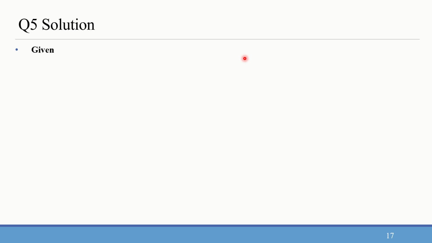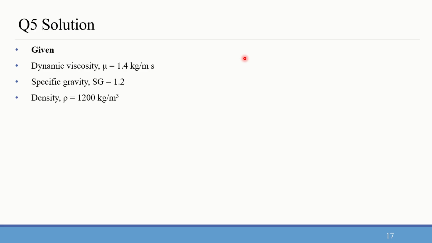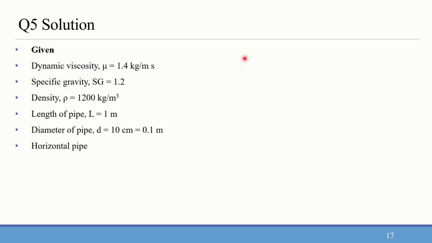First let us write the given. Dynamic viscosity of glycerin is 1.4 kg per meter second. Specific gravity is 1.2, density is 1200 kg per meter cube, length is 1 meter, and diameter of pipe is 10 centimeter, and it is a horizontal pipe. These are all the direct information given in the question.